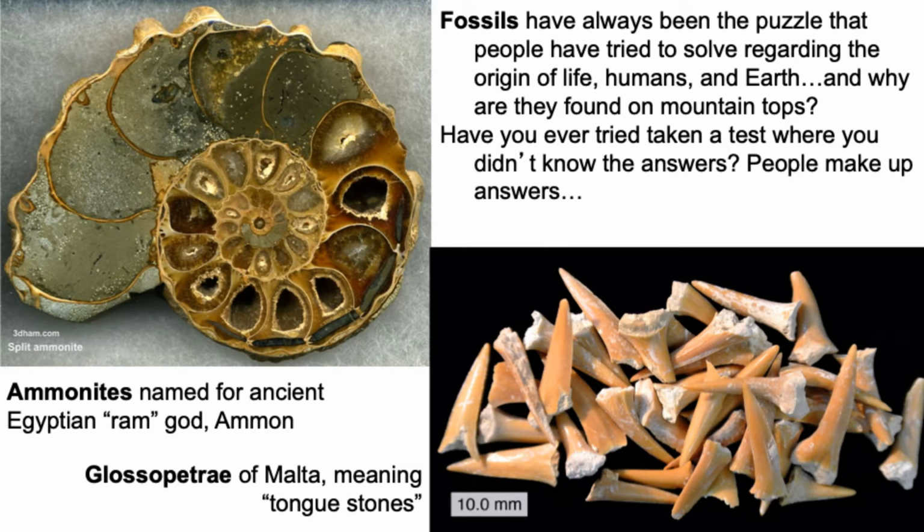So petra means rock, of course, and petrae means multiple rocks, I guess you could say, but gloss meant tongue. And so it's always been a puzzle.